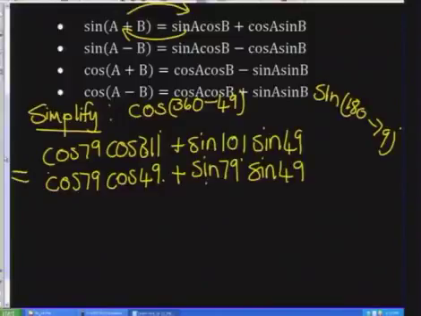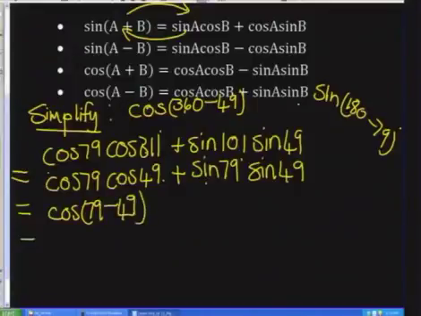I've got cos cos plus sine sine. So I know that if I have this pattern going on, I can write it as cos of 79 minus 49. And that's really cool, because what does that simplify down to? Cos of 30, and that is a special angle.